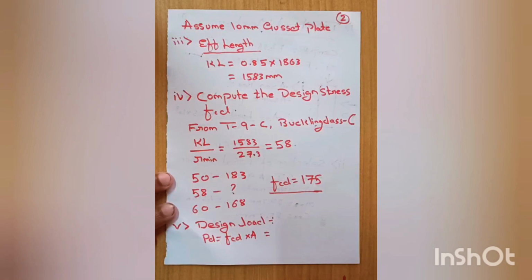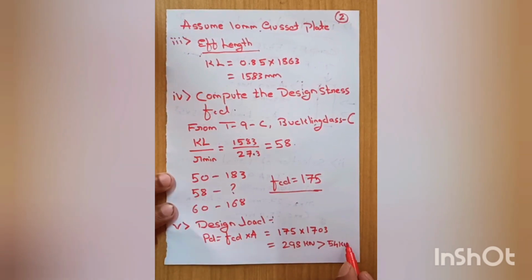I will not use double angle. So the area of a single angle is 1703. So which comes around the load 298 kilonewton, which is greater than 54 kilonewton. So therefore it is safe.